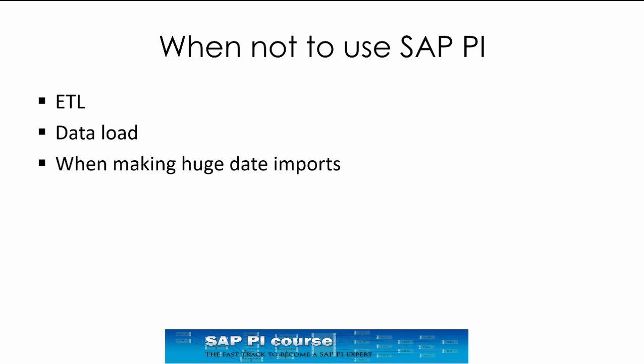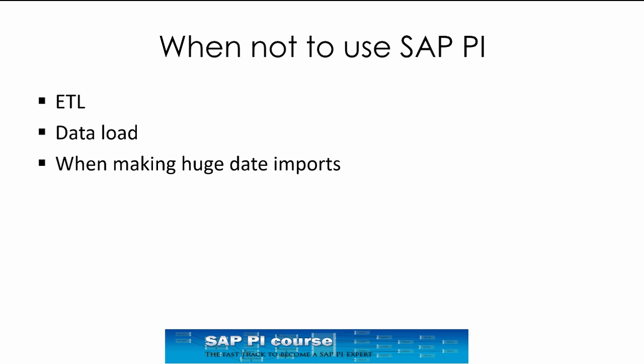So when do we not want to use PI? As I talked about earlier, if we have these big data loads that we want to transform, the way PI works is it's using XML. And when you're using XML, you have a lot of overhead setting up the parser and that kind of thing.